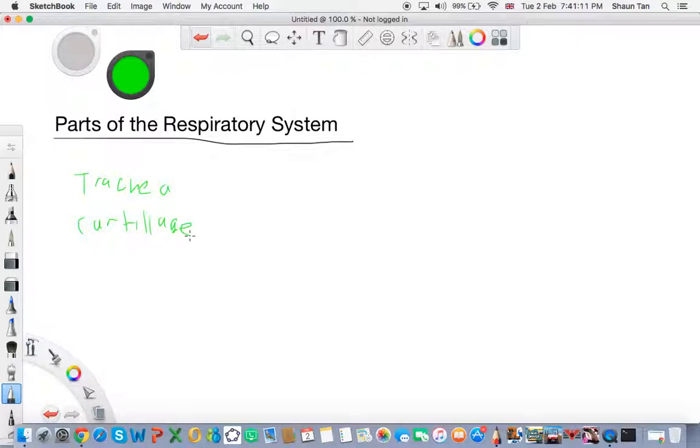Then there is the bronchus, which is like a tree that divides into two bronchioles, one to each lung. So the bronchus leads to a bronchiole.